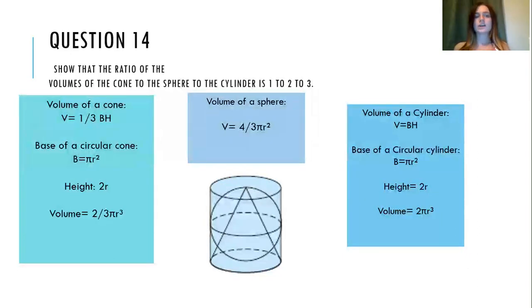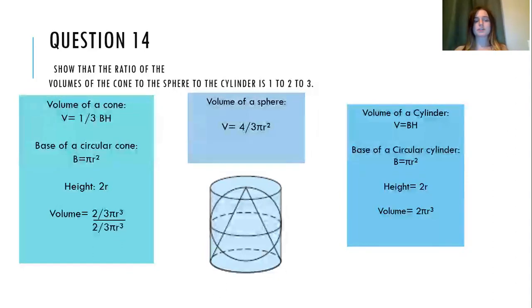So in order to see if the volumes of the cone to the sphere to the cylinder is 1 to 2 to 3, we have to divide each of these formulas by the volume of our cone.